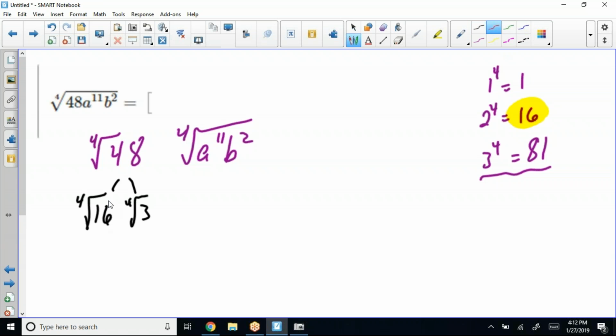We know that the 4th root of 16 simplifies to 2. So that would be 2 times the 4th root of 3. That's how the number part of it breaks down, right? So, any questions about that?